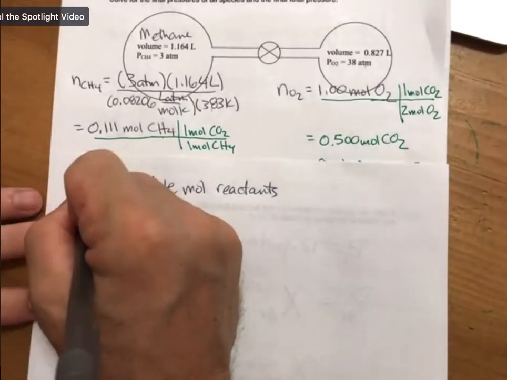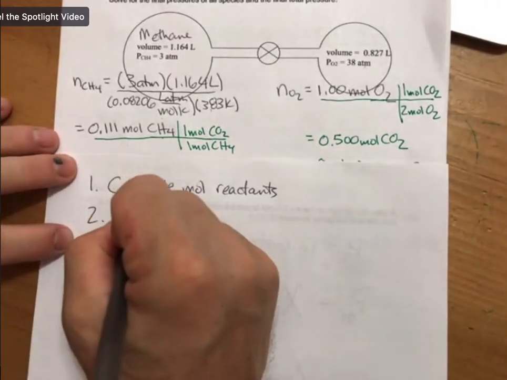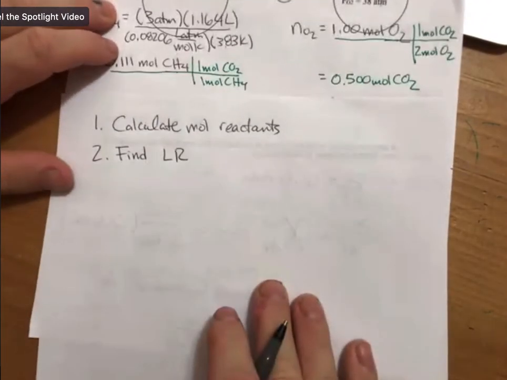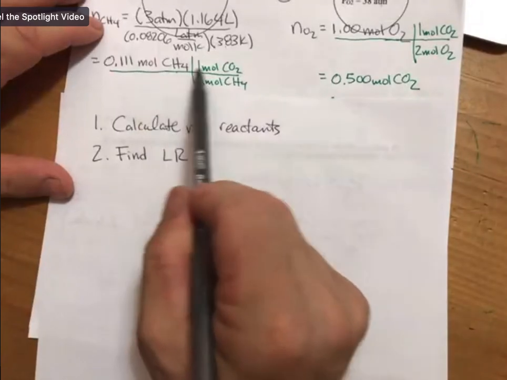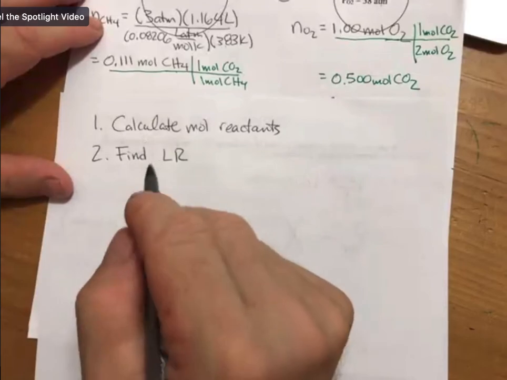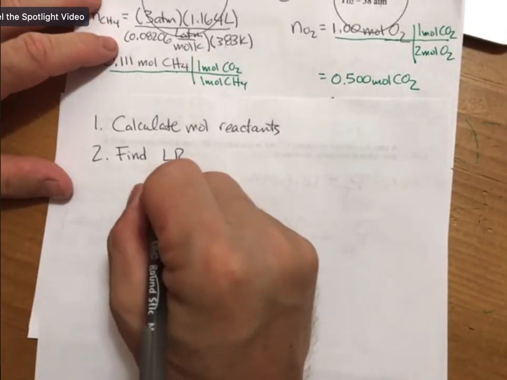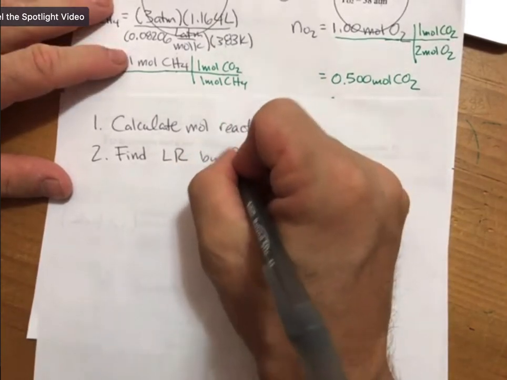And then 2, find the limiting reactant. When we found the limiting reactant, we did this green portion where we did stoichiometry to moles of one of the products. So, find the limiting reactant by finding the smallest moles of product.